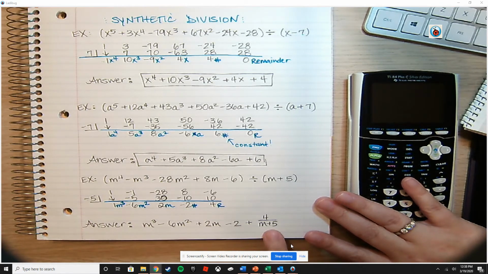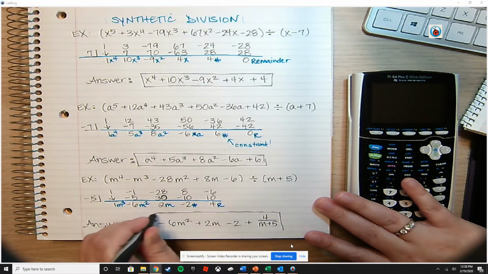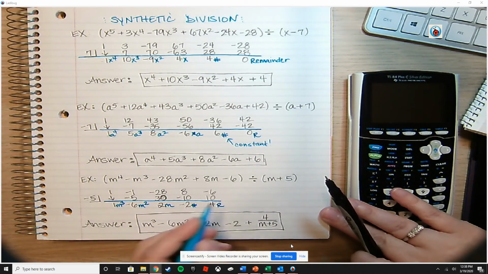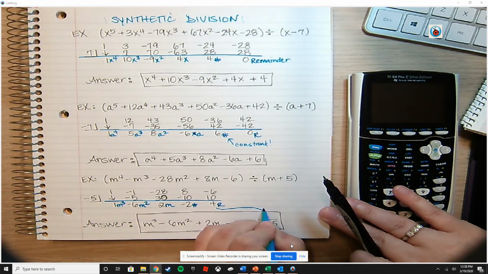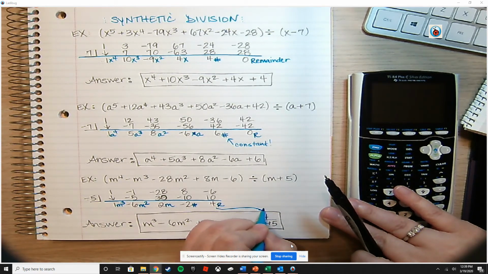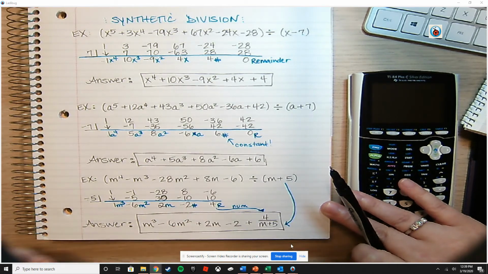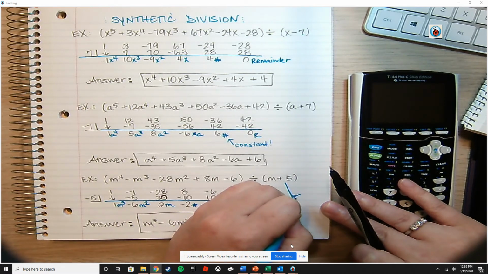So that's how I deal with my remainder. Okay? So if I draw some arrows here, so 4 went into the numerator. Okay, and then m plus 5, that's your denominator.